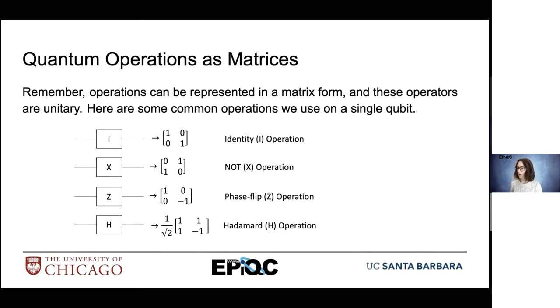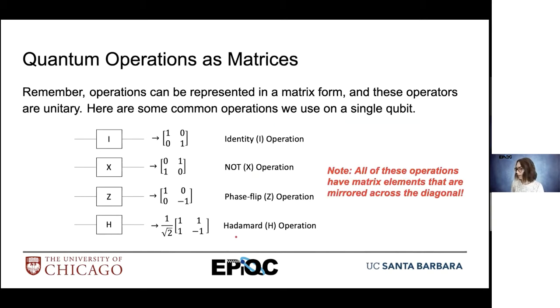And then we can look at some of our matrices associated with the quantum operations we've learned in class. So we've learned about the identity operation, the NOT operation, our phase flip operation, and our Hadamard H operation. Let's look a little bit deeper into these operations.